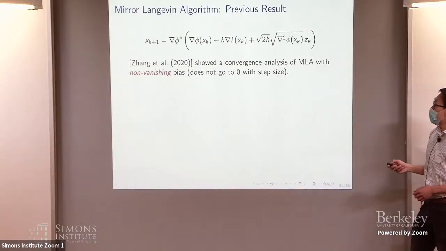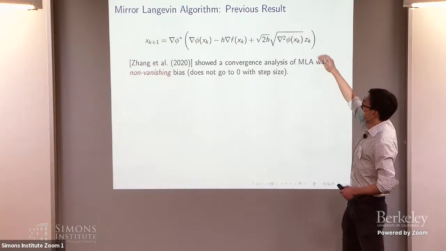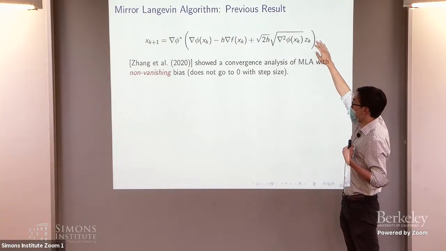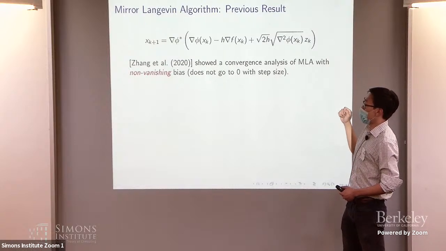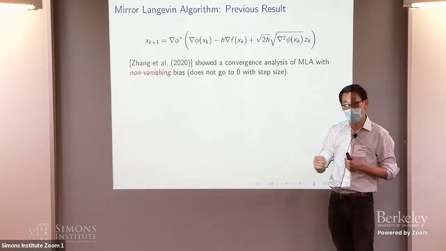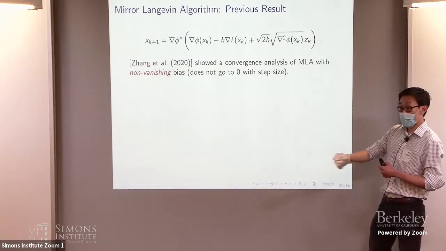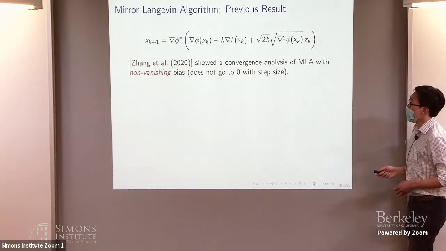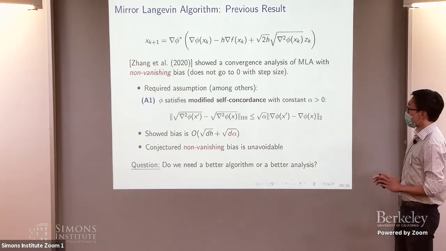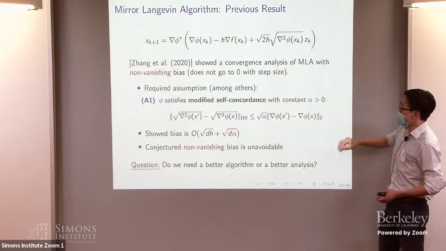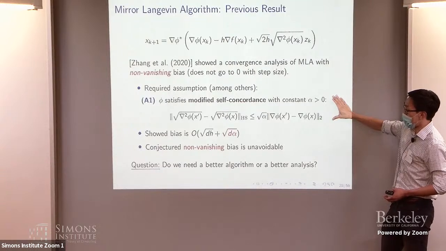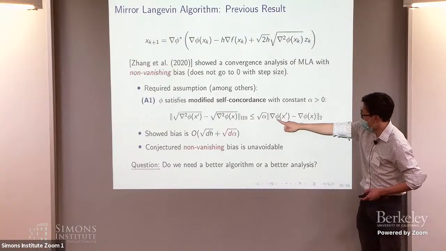What they showed in the paper is that the iterates of this algorithm have a biased convergence, where the bias is non-vanishing, meaning that the bias does not go to zero if you scale the step size to zero. More concretely, they assume a set of conditions. One of them is a property called modified self-concordance, an assumption on the choice of the Legendre function phi.